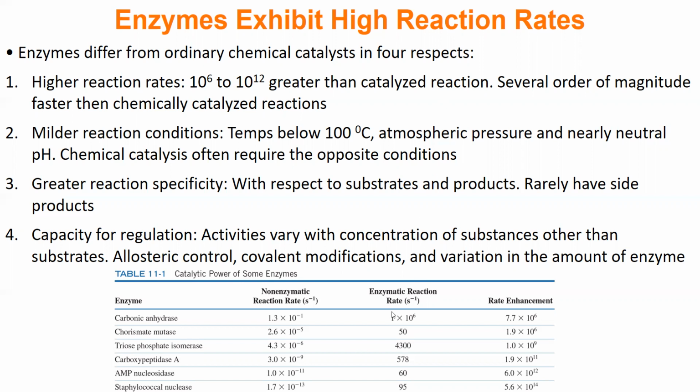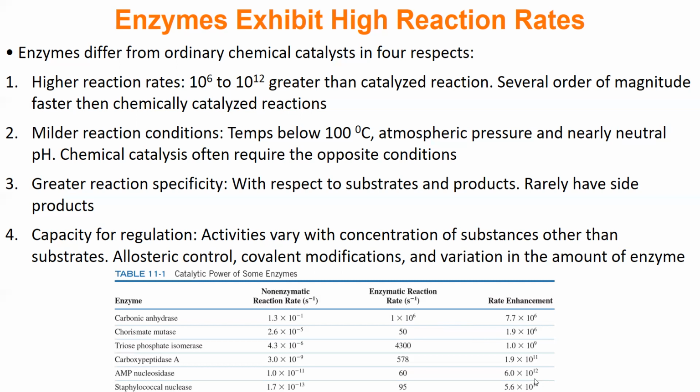On the bottom here, I just have some reactions just to give you an idea of how much faster they are. So carbonic anhydrase is one of our fastest enzymatic rate reactions here, and it speeds it up versus a non-enzymatic rate by 7.7 million times.